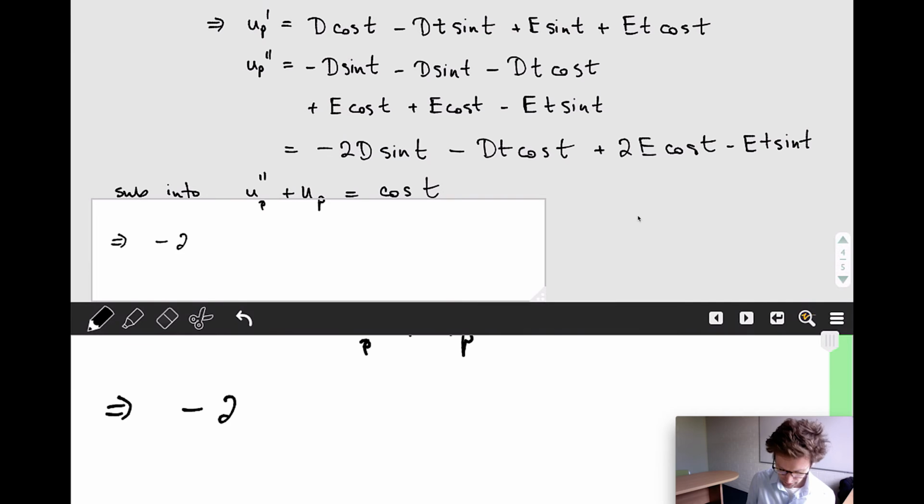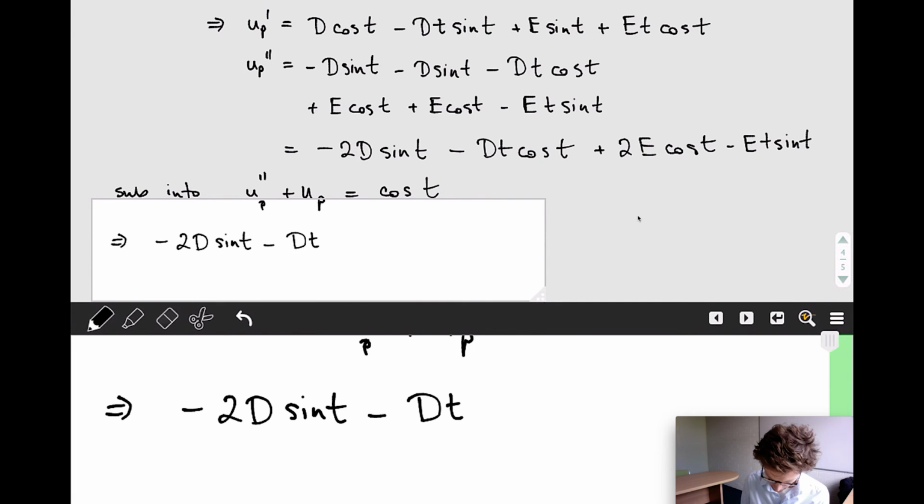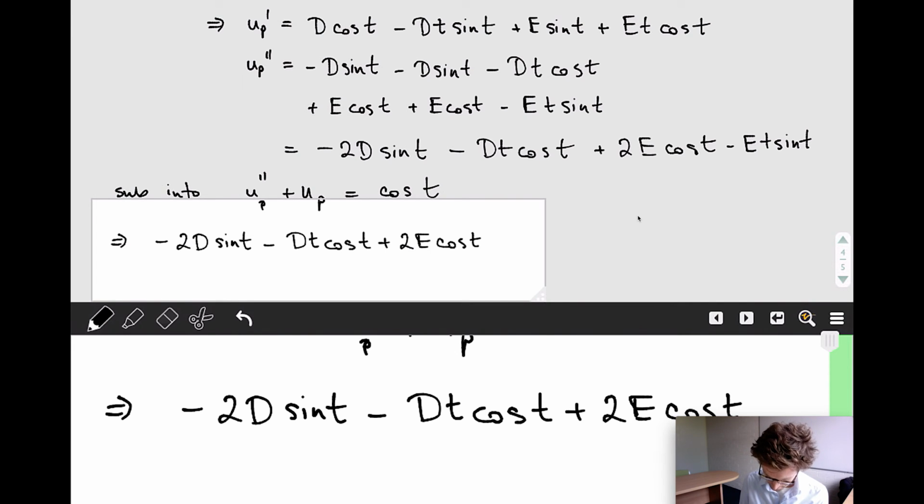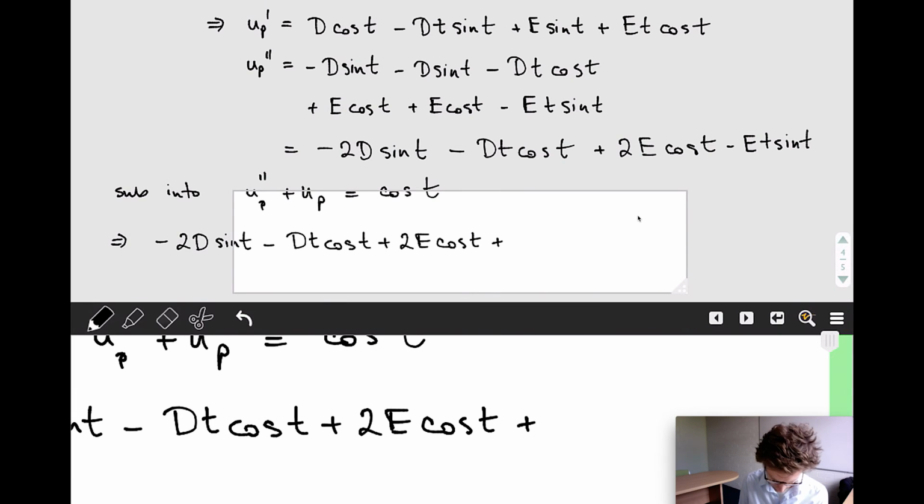It's minus 2d sine t minus dt cosine t plus 2e cosine t minus et sine t.